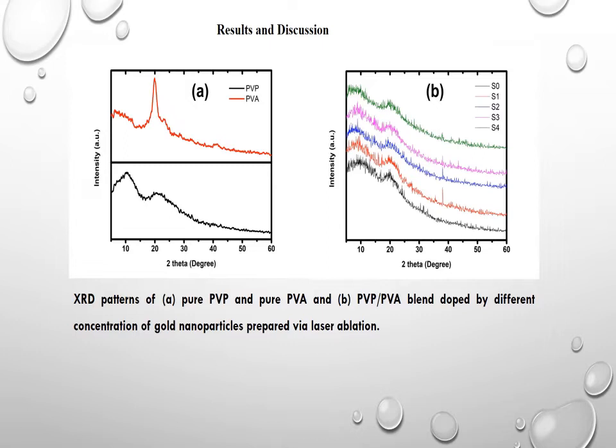For PVA, the pattern of pure PVA shows peaks at 2 theta of 16.5 and 40.5, and shows a shoulder at 22.7.